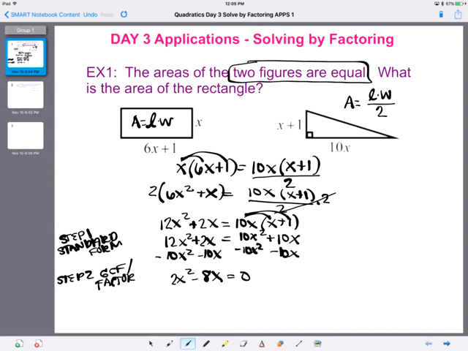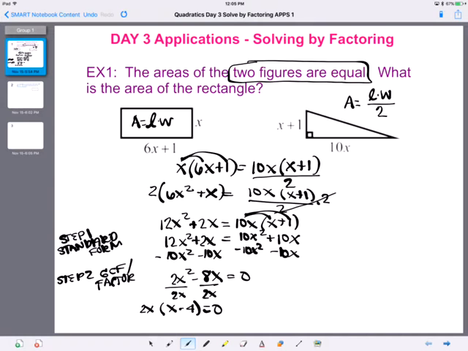I noticed that 2x squared and 8x have a 2 in common and also an x in common. So if you factor out that GCF, 2x squared divided by 2x is x, negative 8x divided by 2x is negative 4.